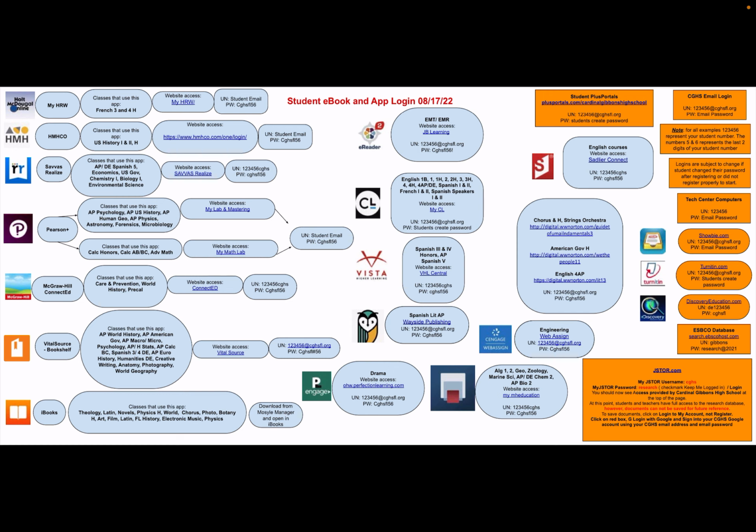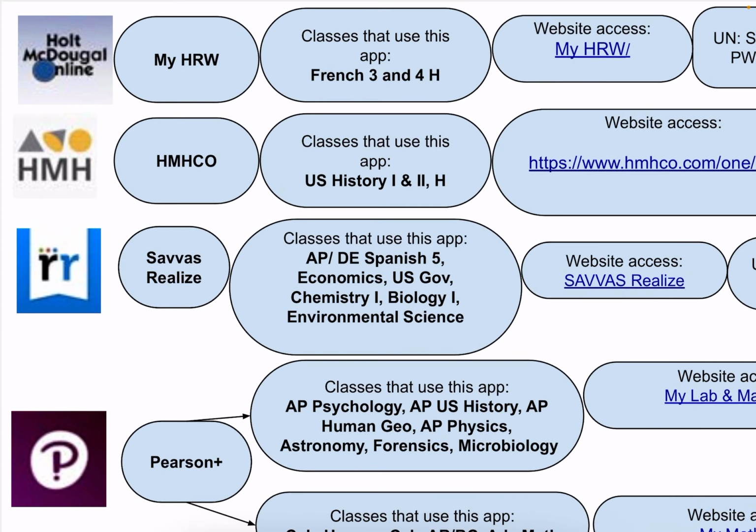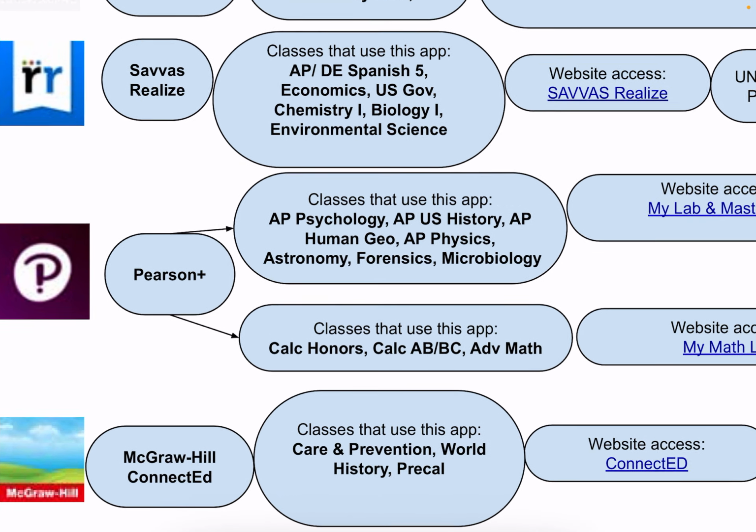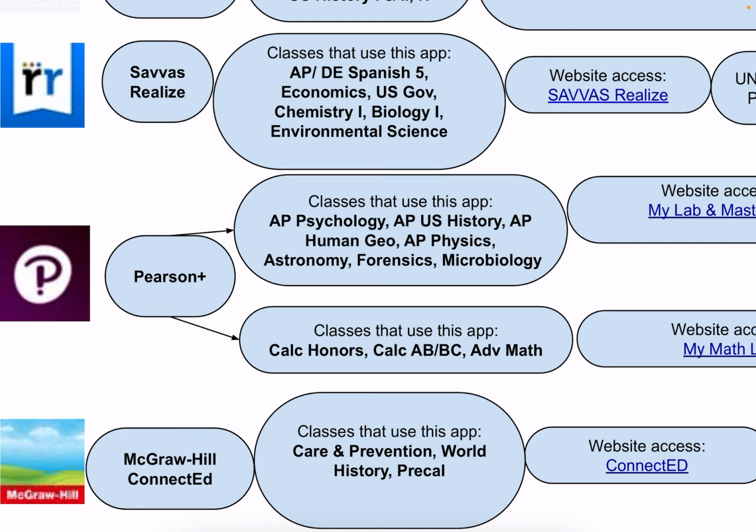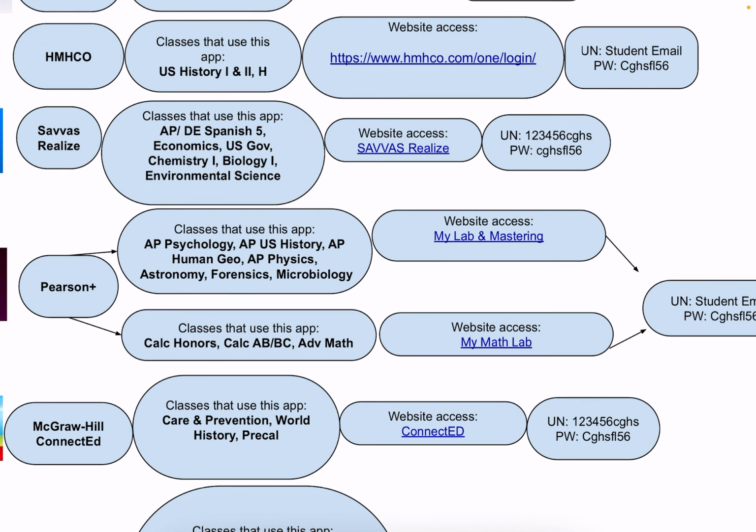We do them by their publisher, but if they do have an application or an app, we do put it onto the side. We'll give the name of the application, and we'll also give you what classes that you'll use that application for.